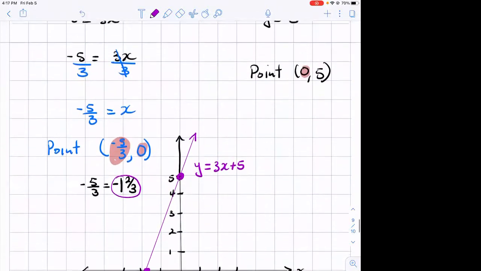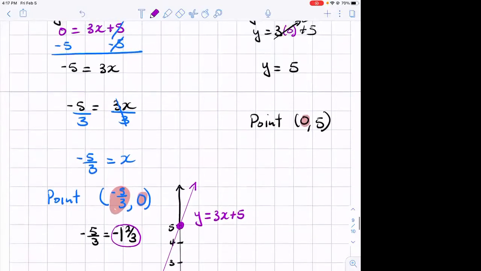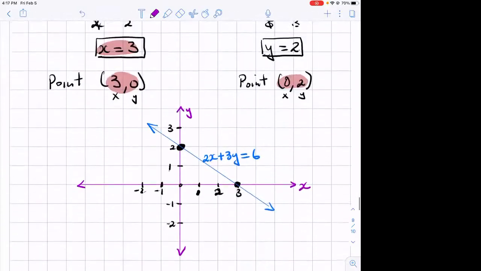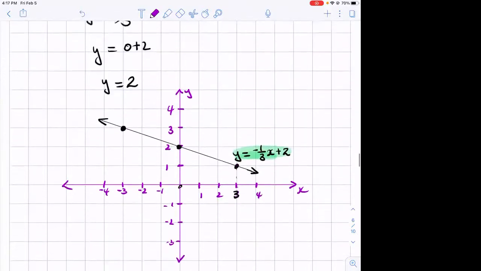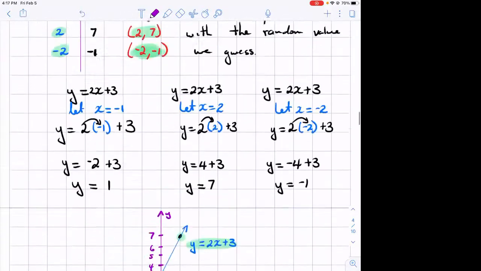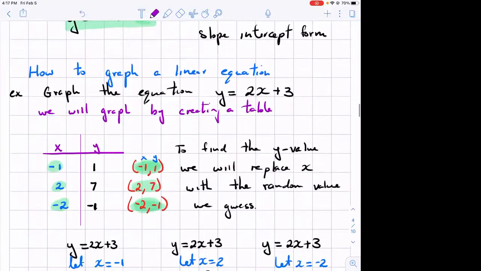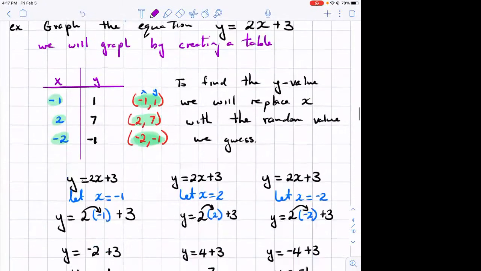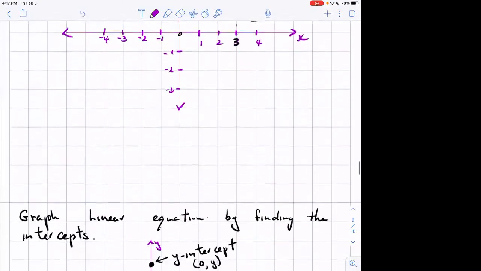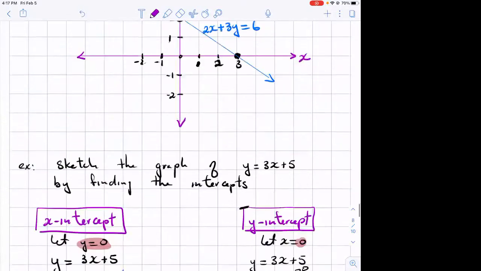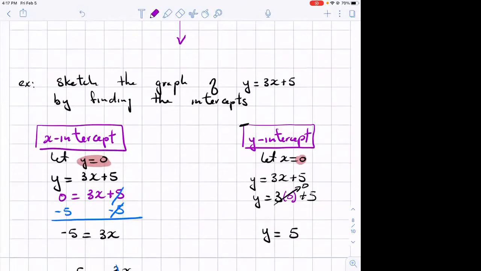So we've looked at graphing lines by creating a table, which is what we did here. Okay, that's a table. We looked at graphing linear equations by finding the intercepts, which is what we're doing here.